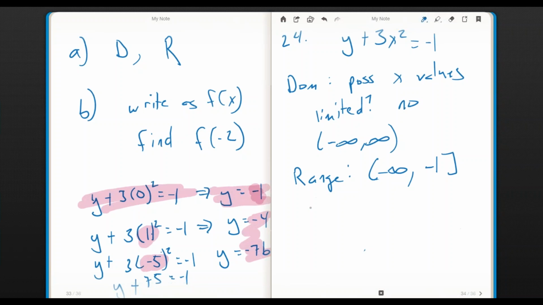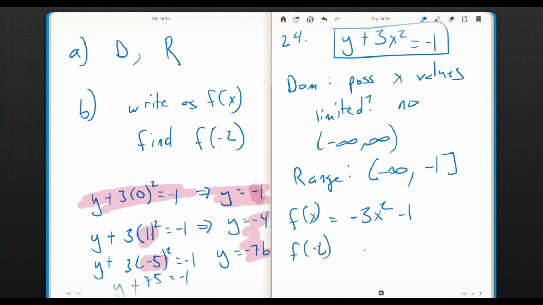Then it wants us to find the f of x. Well, if I want to solve for y, I subtract 3x squared from both sides and come up with that. And remember, y is just a nickname for f of x. So I can literally just say, instead of y equals, I can say f of x equals.